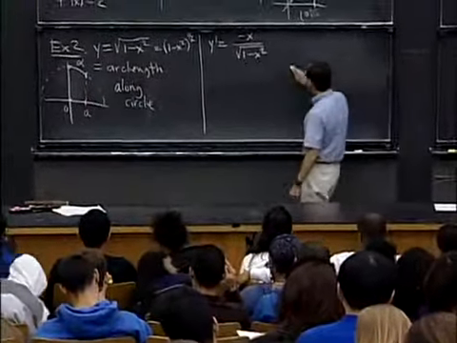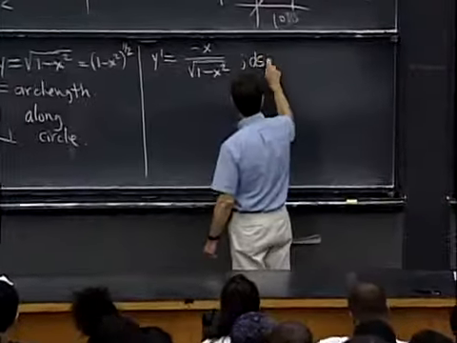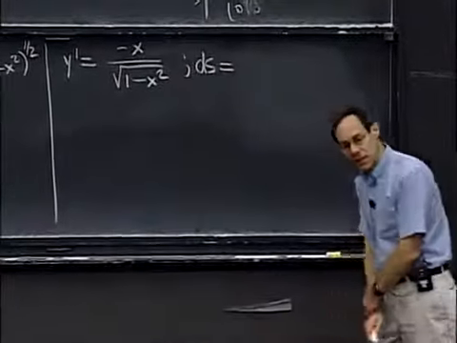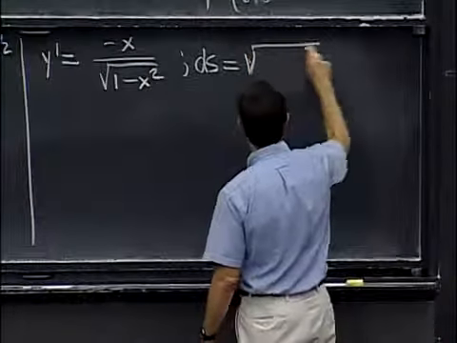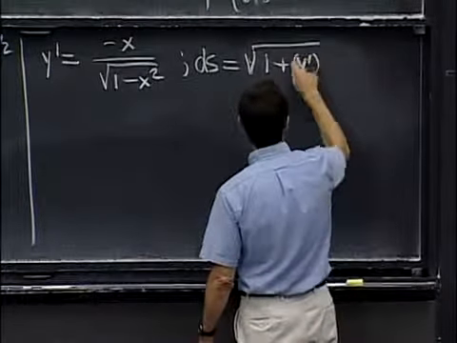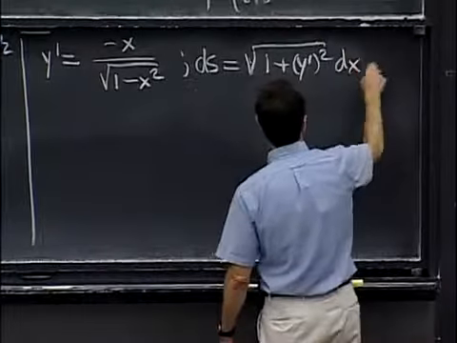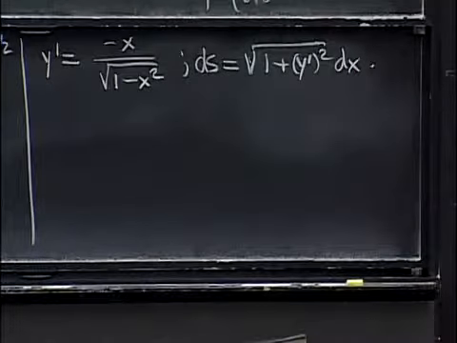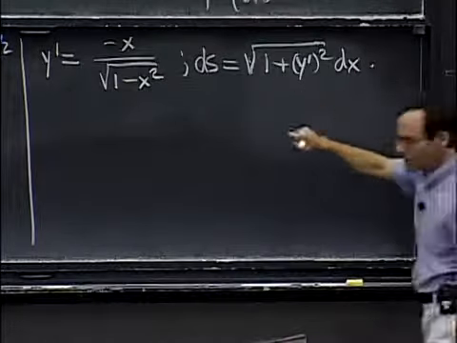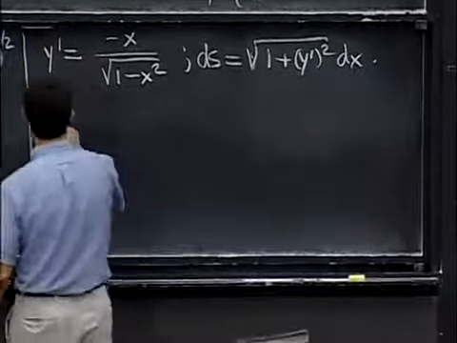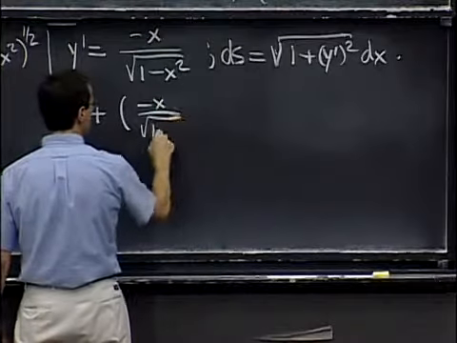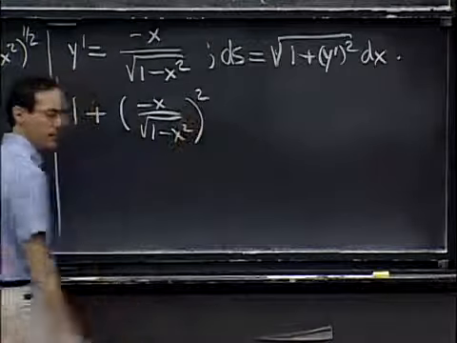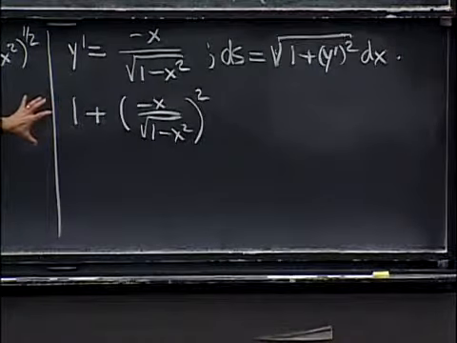Now, the thing that we have to integrate is this arc length element, as it's called, ds, and that's going to be the square root of 1 plus y prime squared dx. So I have to carry out some messy calculation: this is 1 plus the quantity minus x over square root of 1 minus x squared, squared. I have to figure out what's under the square root sign.